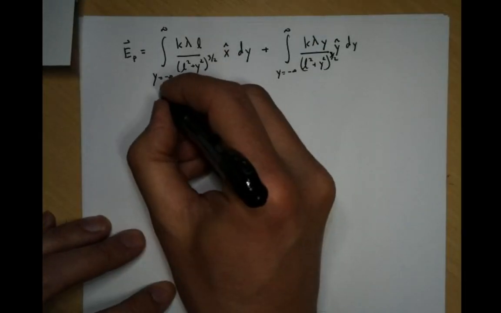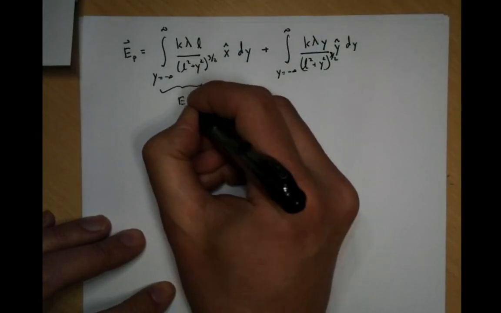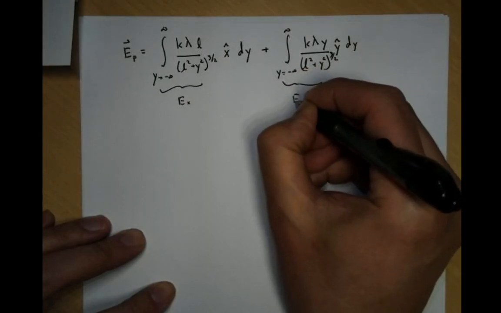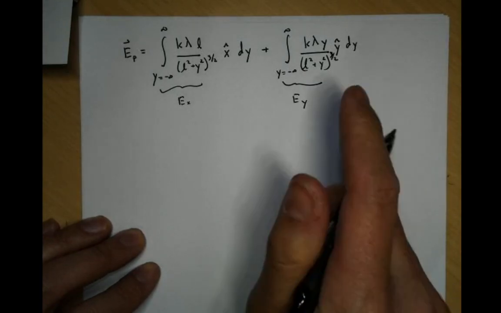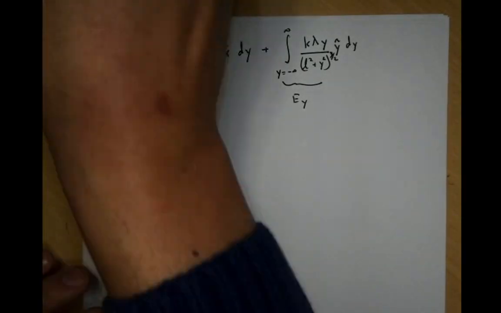And again, as I said before, this is going to be Ex and this is going to be Ey. Now, as it will turn out, this term will be 0. So Ey will be 0.